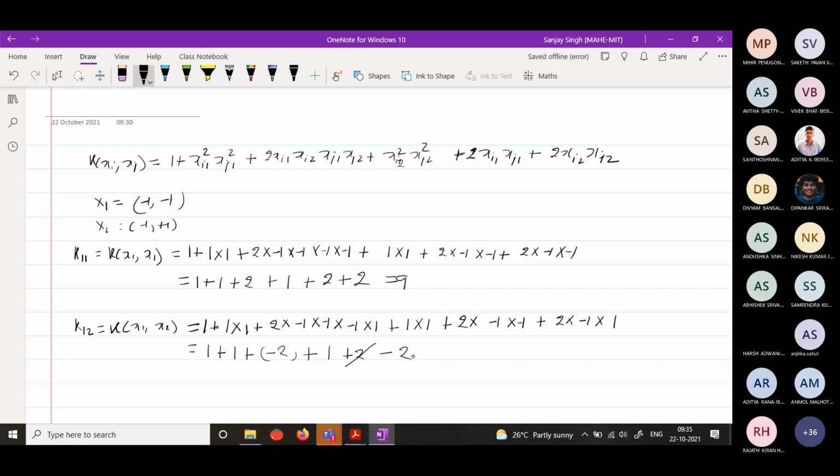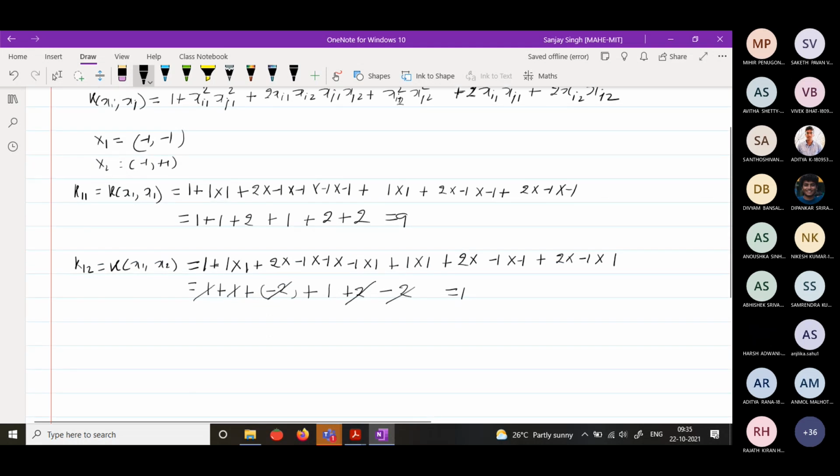So you see this will go, this will go, and the value comes out to be 1. You can check this for any combination and you will see that only the diagonal elements, whether I take 2 2 or 3 3 or 4 4, give 9. Any non-diagonal element ij, as long as i is not equal to j, comes out to be 1. I have shown the computation also, so you should not get confused.